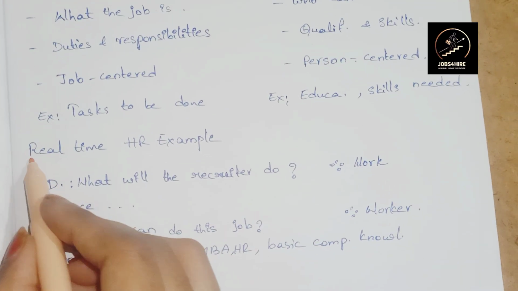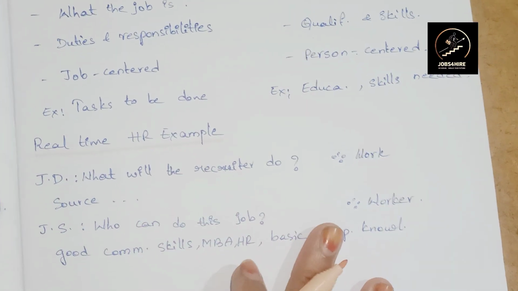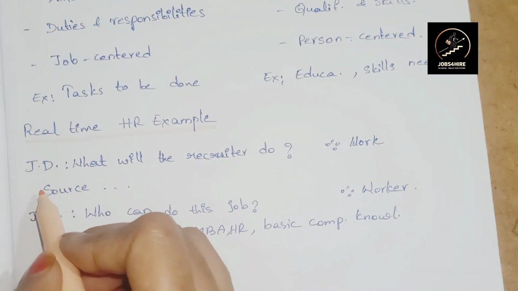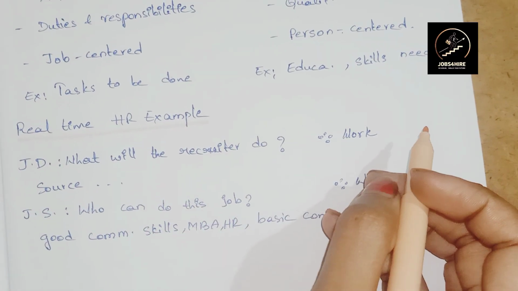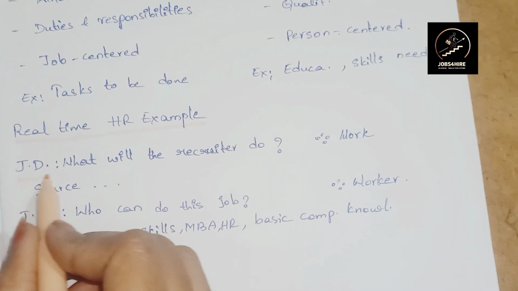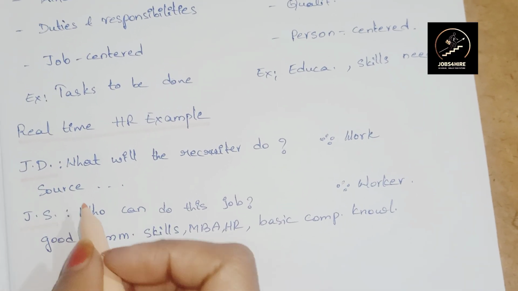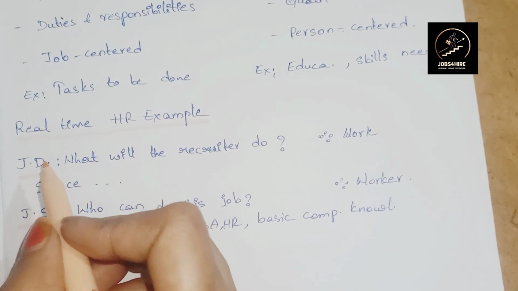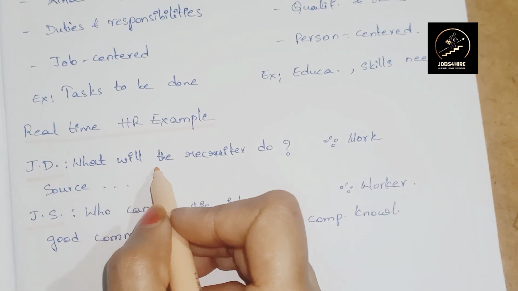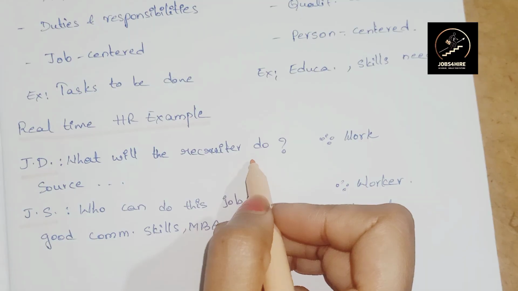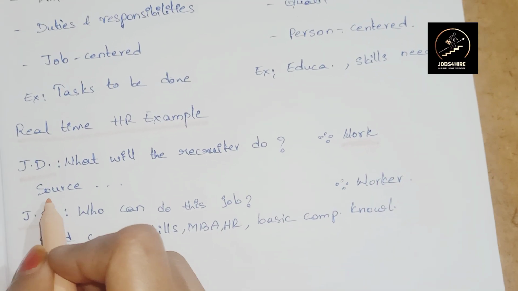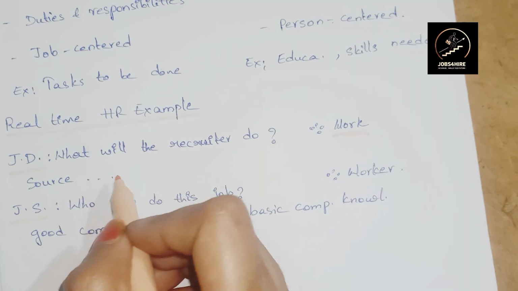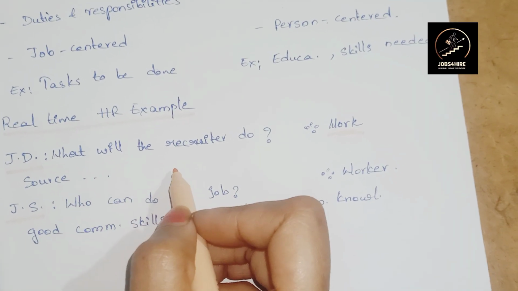This is a real-time HR example. Suppose a company has an HR recruiter. What does the HR recruiter do? The job description covers what work a recruiter does: source candidates, screen resumes, schedule interviews.